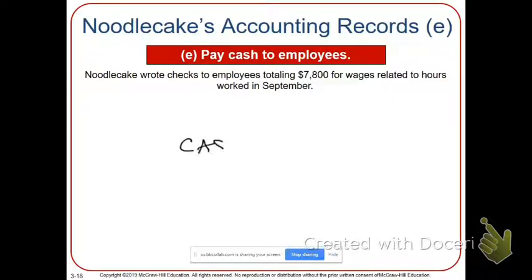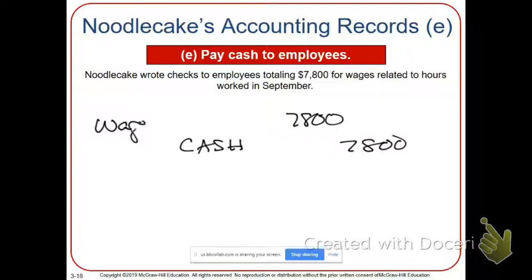Okay, cash will be credited. Wages would be debit or credit. It is one of them, right? Wages, and you want to be specific. Wages expense. Yep. You couldn't have two credits, so you've got to pick one of them.